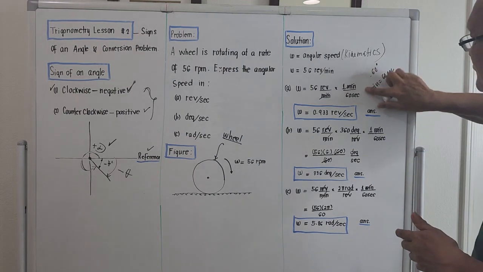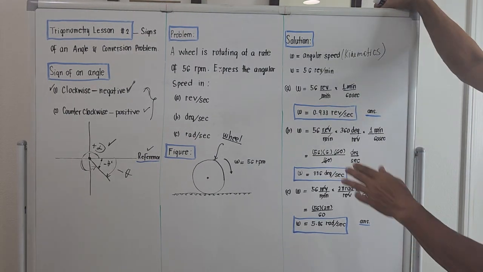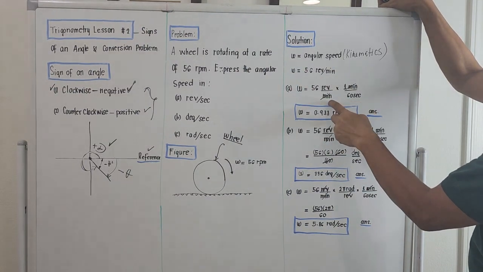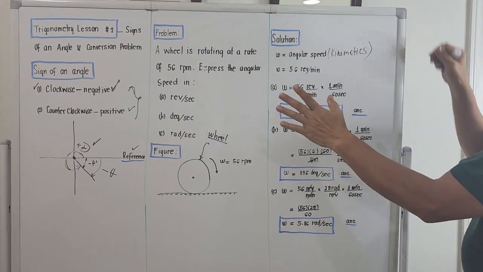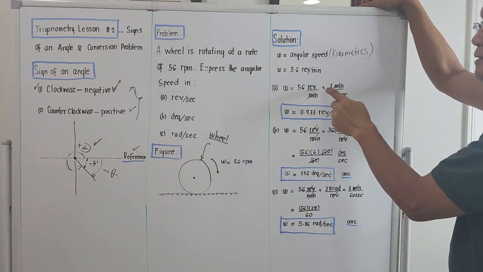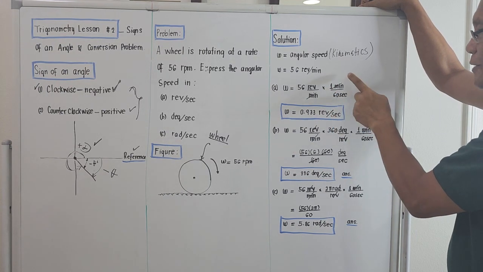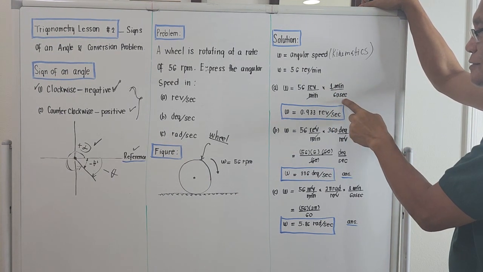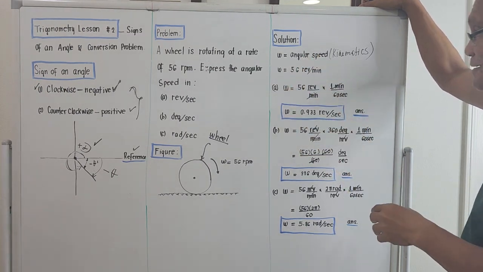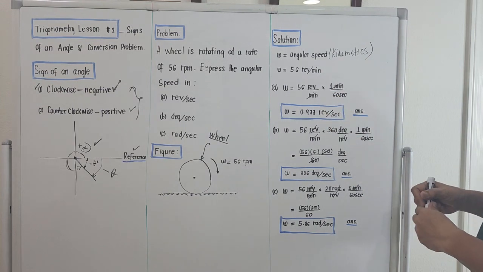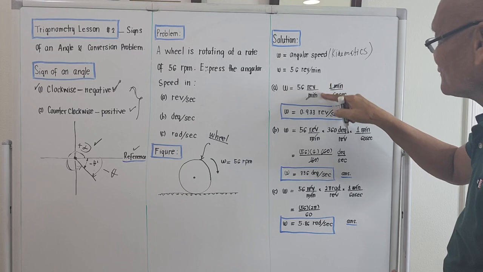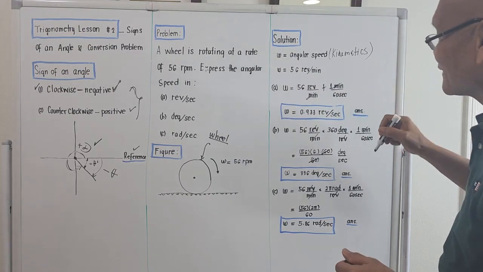So to bring out the conversion, okay, omega will be 56 RPM, revolutions per minute. Okay. The operation is multiplication. So this is algebra, okay? Times, okay? 1 minute per 60 seconds. Right? That's a fact. 1 minute is 60 seconds. The operation is multiplication. So actually we can cancel this one. Right? But just in case this is plus, you cannot cancel it.